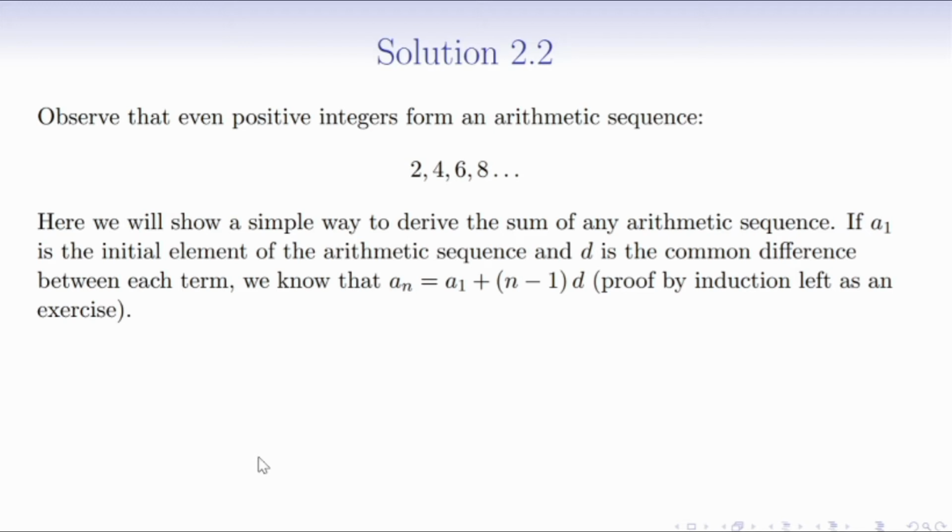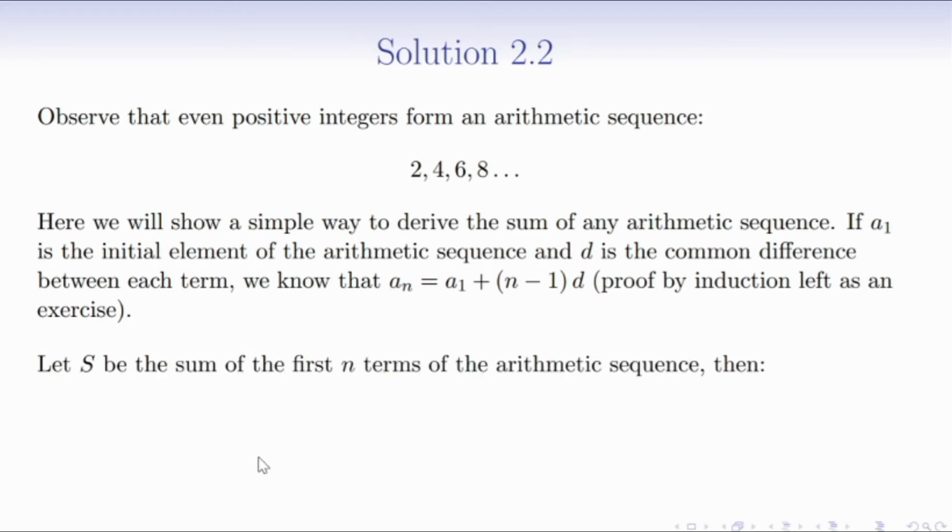To find the nth term of an arithmetic sequence, we can use this formula: a sub 1, the first term, plus n minus 1 times d. Substituting, we're looking for the 35th term: 2 plus 35 minus 1 times 2 gives us 70.